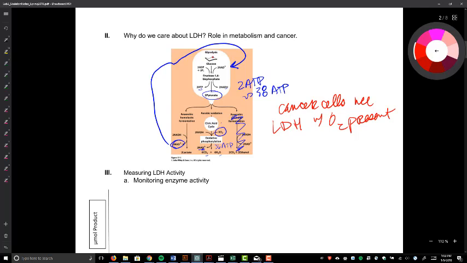And so because cancer cells are undergoing this version of glycolysis, but normal cells don't, this makes LDH a potential anti-cancer target. So as a way to differentiate cancer cells from normal cells, and then use that as a way to kill cancer cells, but without killing normal healthy cells. And we're going to touch a lot about that in the last lab of the semester.